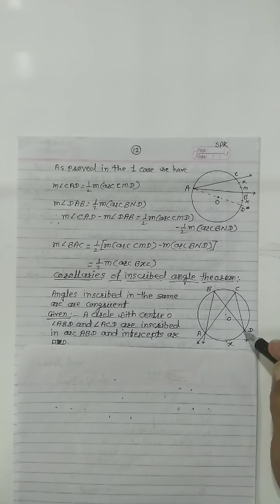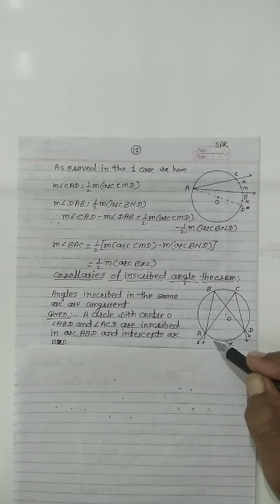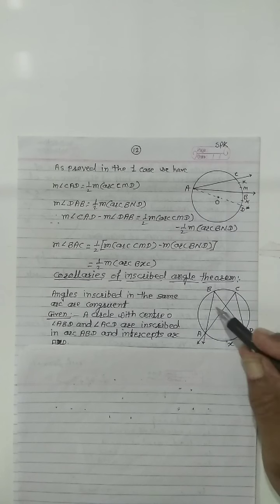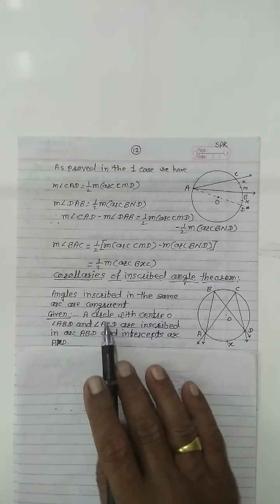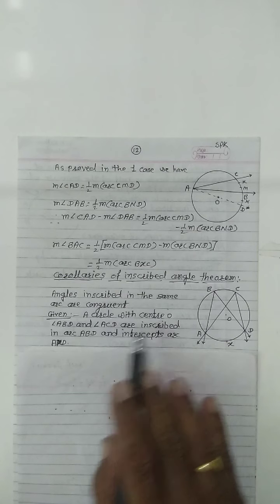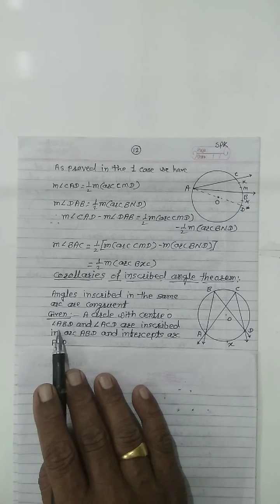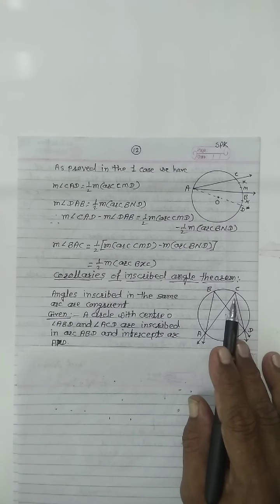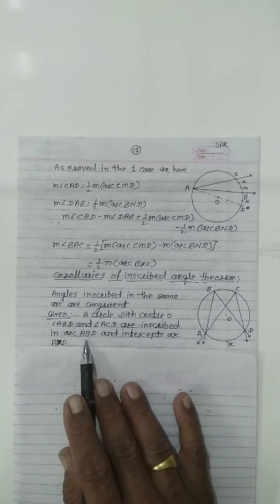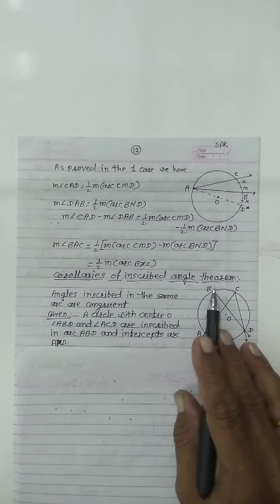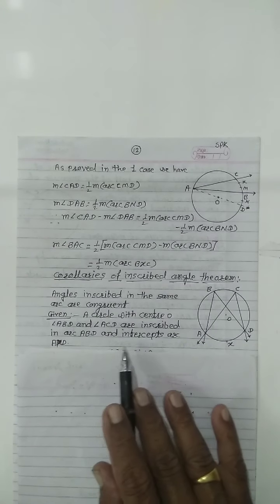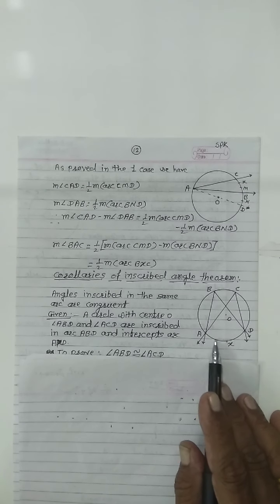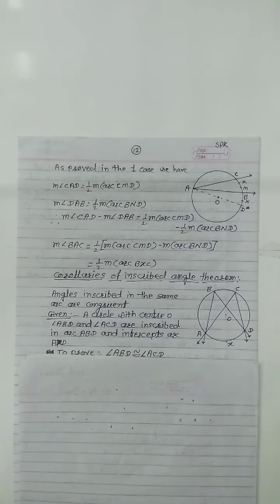The same arc intercepts the two angles, so we can say that these two angles are congruent. A circle with center O, angle ABD and angle ACD are inscribed in arc ABD and intercept arc AXD, which is the same.